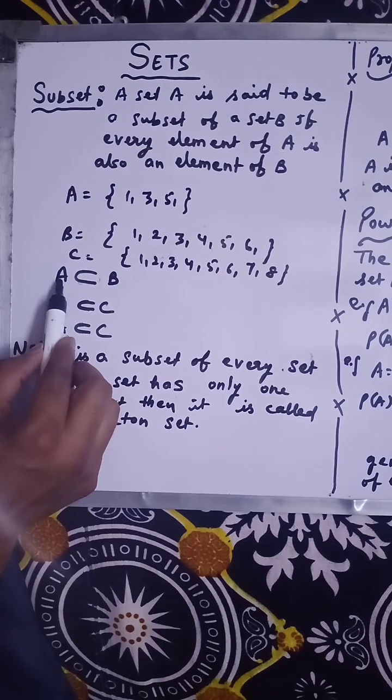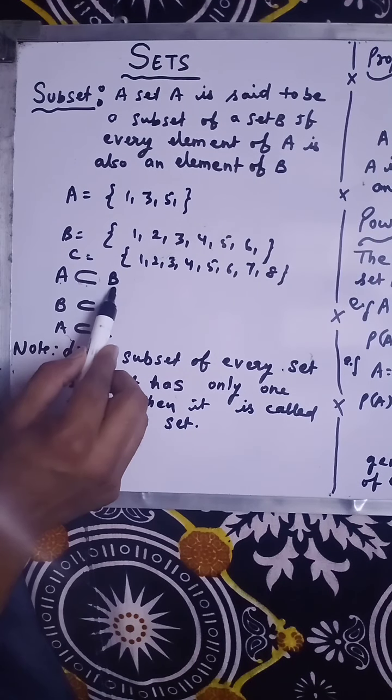So we will read it as A is a subset of B.